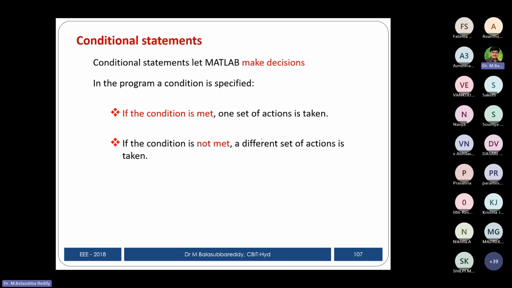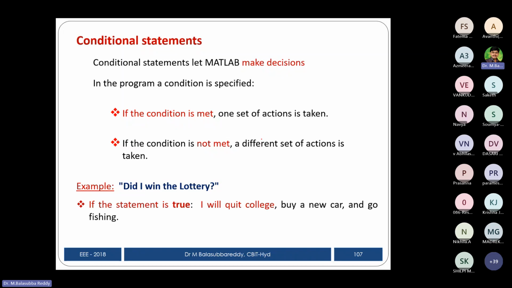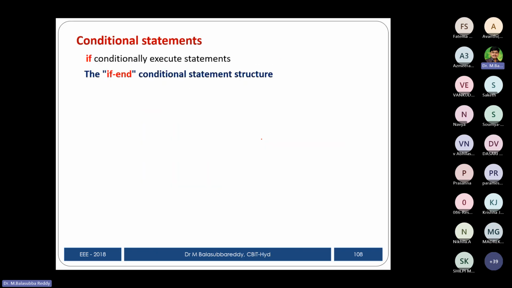So we can check that condition first. Suppose, did I win the lottery? In that case, there is some statement. If the statement is false, we have to do something else. So like that, I will show some examples.